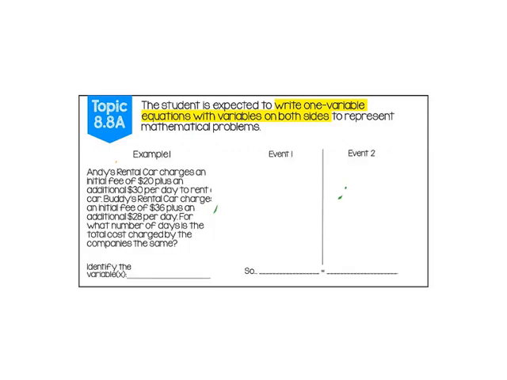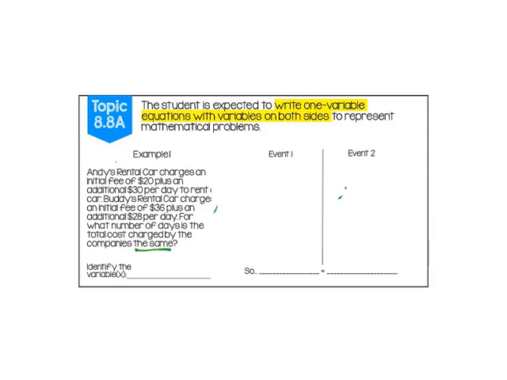So, example number 1. Andy's rental car charges an initial fee of $20 plus an additional $30 per day to rent a car. Buddy's rental car charges an initial fee of $36 plus an additional $28 per day. For what number of days is the total cost charged by the companies the same?